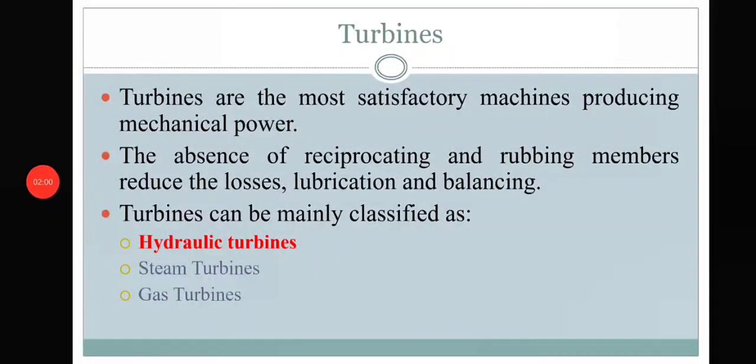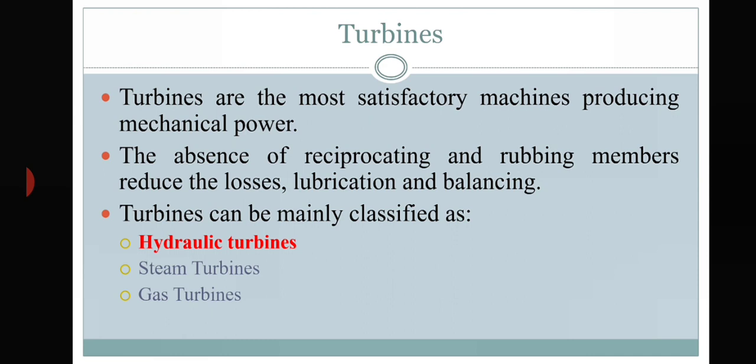Coming to the details of the turbine, turbines are the most satisfactory machines for producing mechanical power, because you don't have any reciprocating members, and you don't have much wear and tear. Simply, you have a rotating impeller where the fluid comes in contact with the impeller, and the flow of the fluid causes the impeller to rotate.